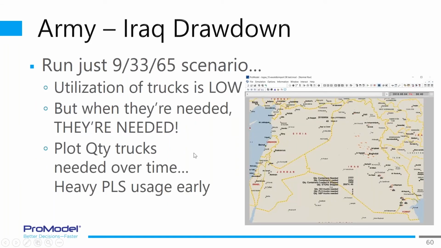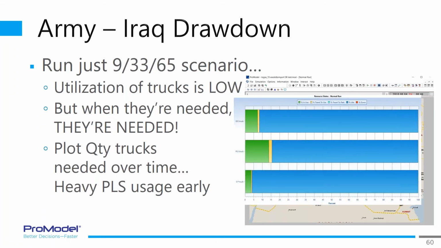And then go back and look at some further analysis on the result of that simulation. Standard simulation analysis yields that the trucks are very unutilized. But that's okay, because here's the key thing, when they're needed, they're needed.